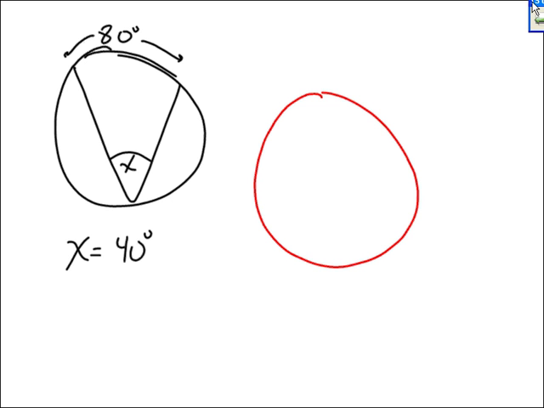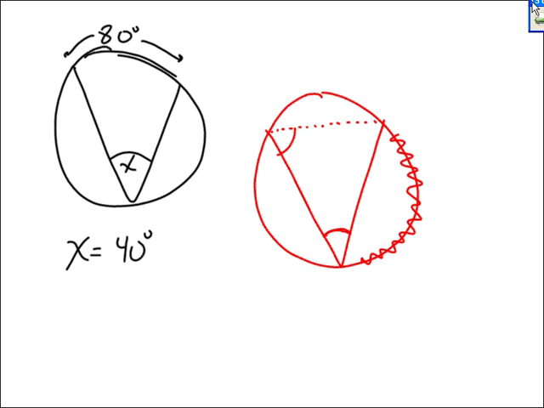All the way around is 360 degrees. You can always make a triangle. This angle cuts off that arc. This angle here cuts off that arc. And this angle here cut off this arc.